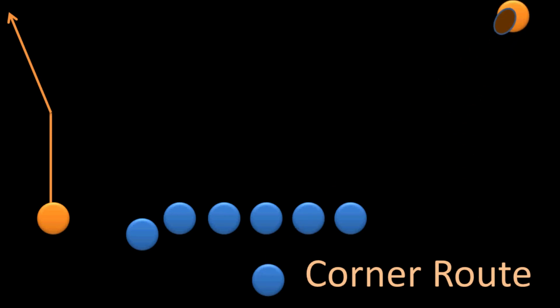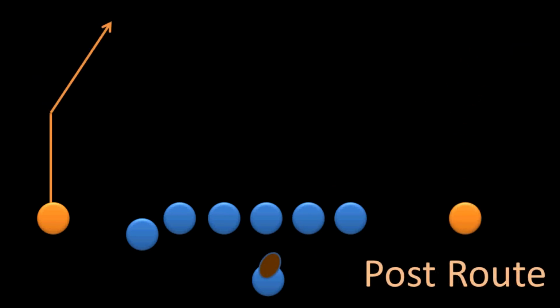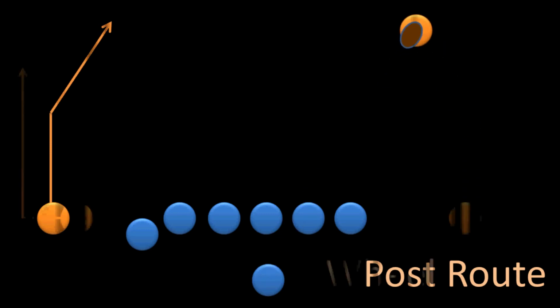The mirror of the corner is the post. The post refers to the goalposts. So here the receiver runs forward and then breaks toward those goalposts, which are in the middle. The wheel route is the backwards version of the out route, because here the receiver will run first toward the sidelines and then turn and run up the field.